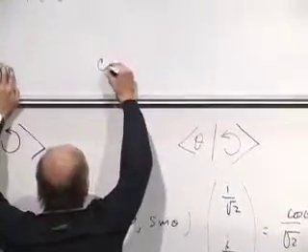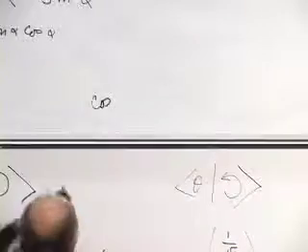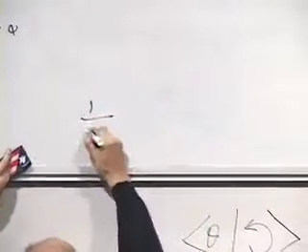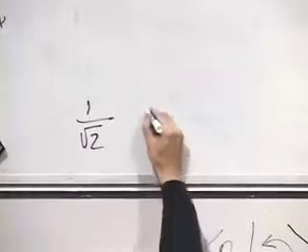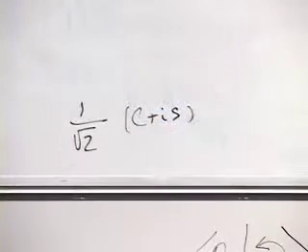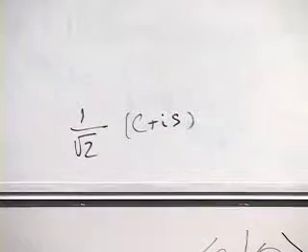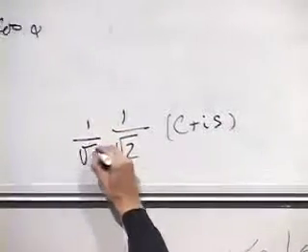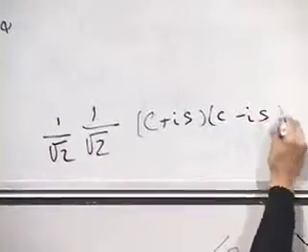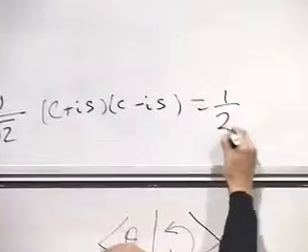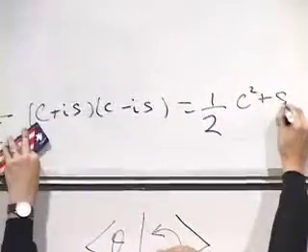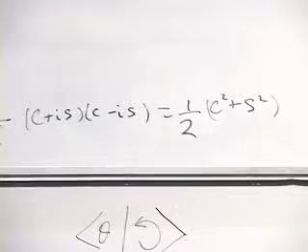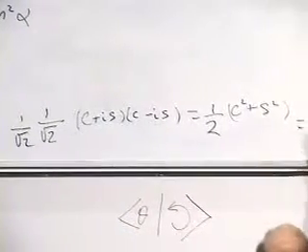This times its complex conjugate: let's just call cosine C and sine S. 1 over square root of 2 times (C plus iS), and then another 1 over square root of 2 times (C minus iS), gives us 1/2 (C squared plus S squared). i times minus i is plus, so it's C squared plus S squared, which is just 1/2.